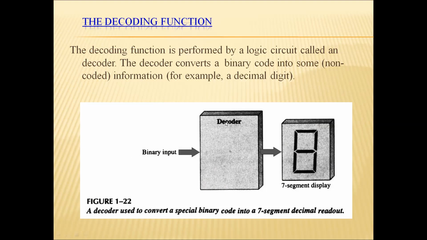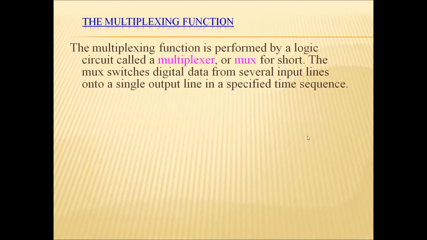So if I give here 3, that is 0011, and I decode this information in this particular way, then I will see that these 5 LEDs will glow, the rest will not glow. So in this way encoder and decoder work.